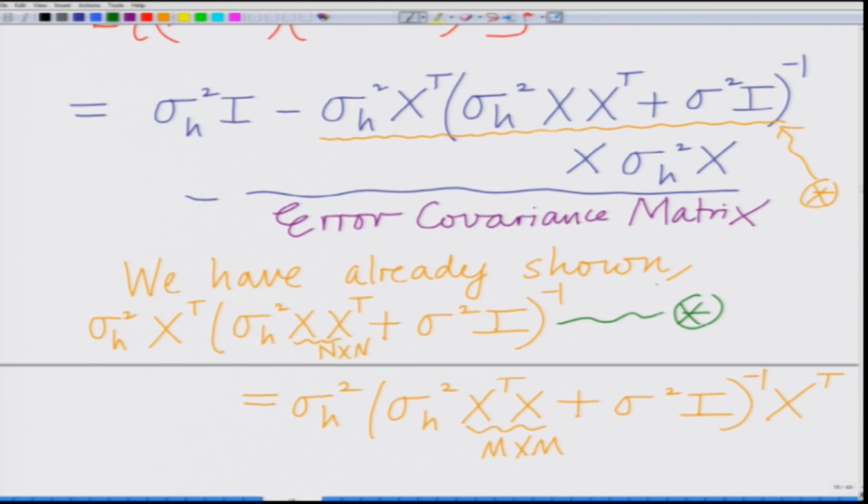Okay. So, I can replace this quantity, the star, by sigma h square x transpose x plus sigma square identity inverse times x transpose.